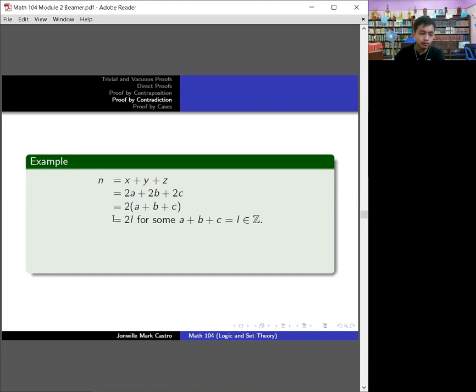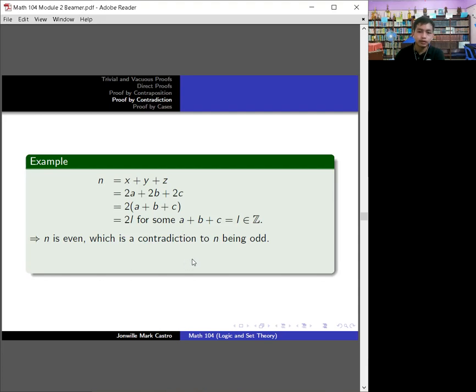Since n equals 2l, by definition, n is even. Kasi ang definition ng even integer, masusulat natin siya sa form na 2 times something. Okay? So, this implies that n is even, which is a contradiction to n being odd. Kasi yung assumption natin, n is odd.